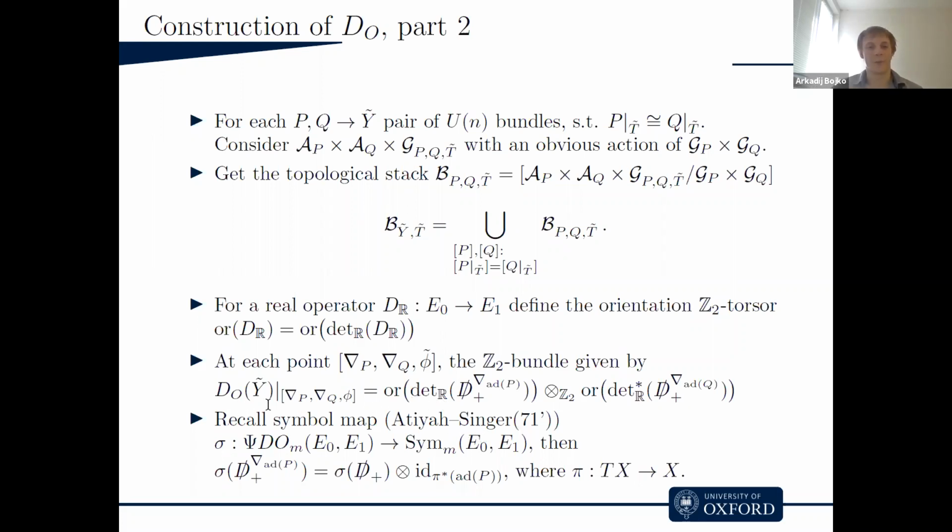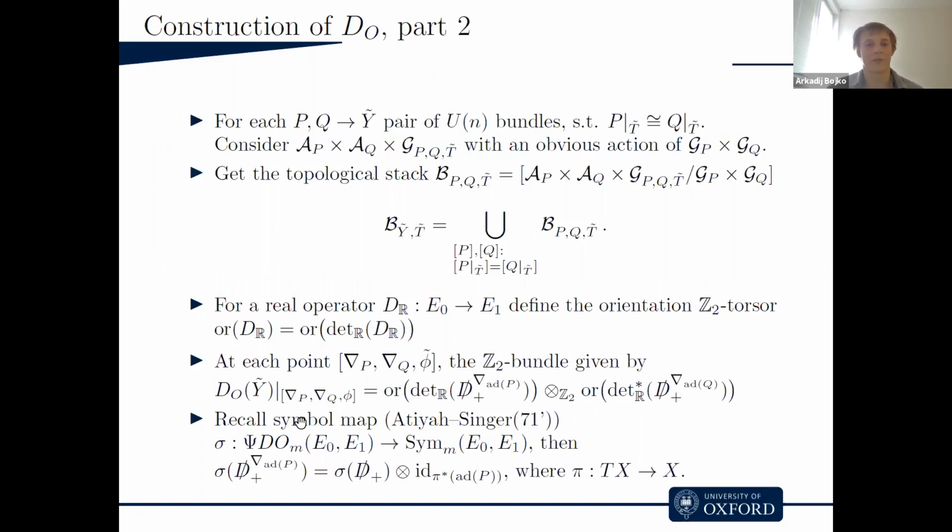So maybe a bit more explanation is necessary on why this is the right orientation, because I'm constructing an orientation of something which lives on an entirely new manifold. So why should this give me an orientation of things living on my original Calabi-Yau?